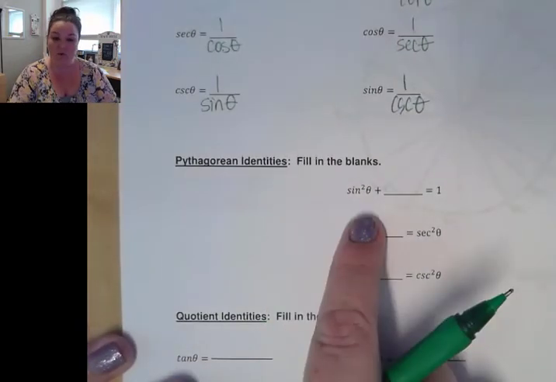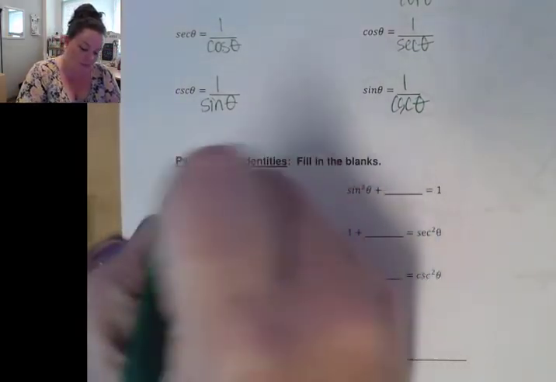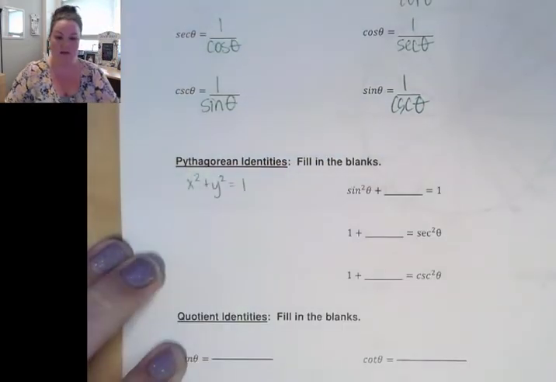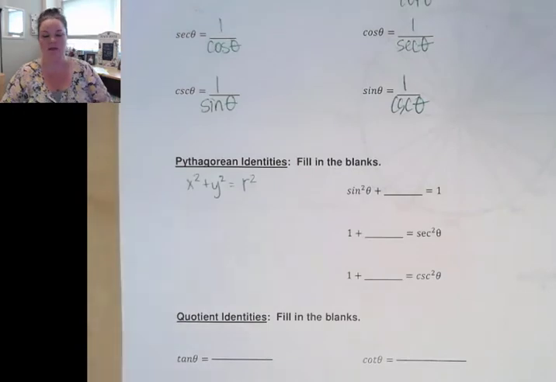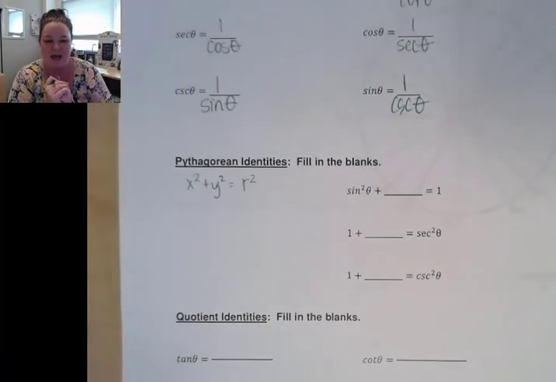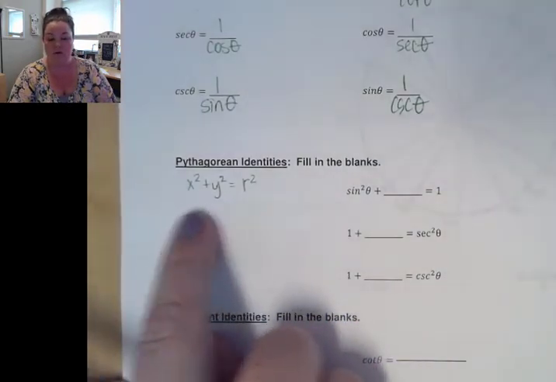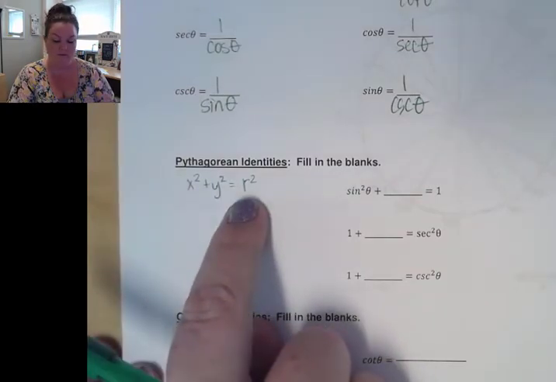So we went over these in previous units, right? These are the ones that we get from taking x squared plus y squared equals, sorry, not 1, r squared. Thinking unit circle here, x squared plus y squared equals r squared, and solving it by dividing off one of the terms.